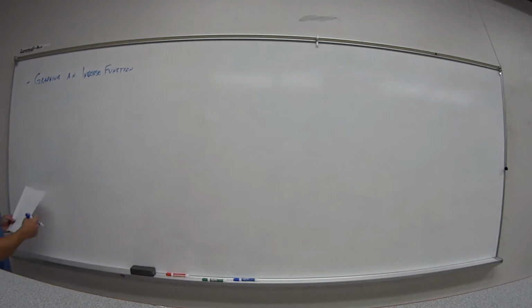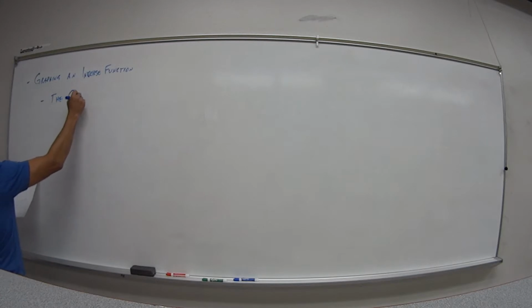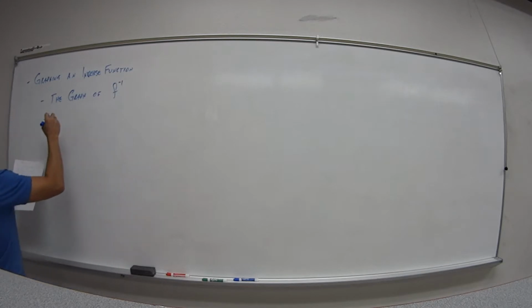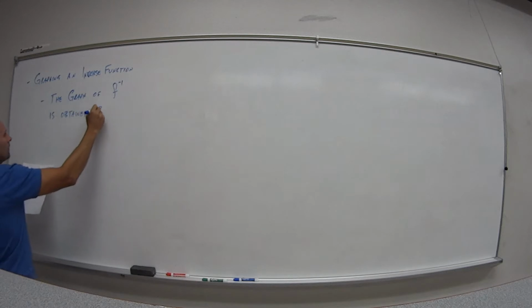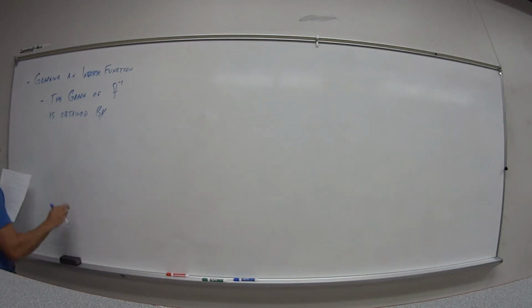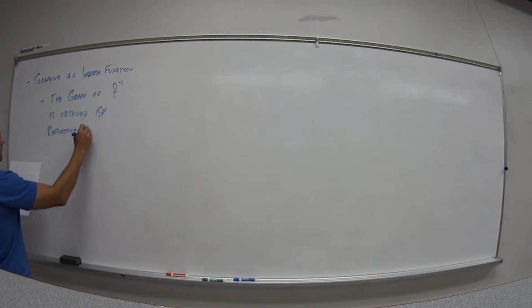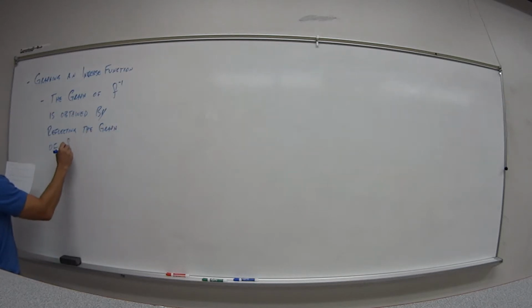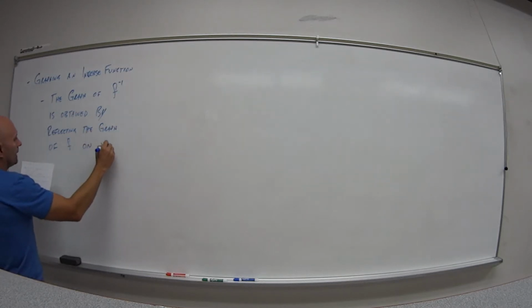If I would have graphed them on the same graph, what you would have seen is that the graph of f inverse is obtained by reflecting the graph of f on the line y equals x.